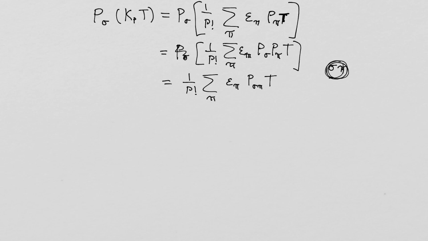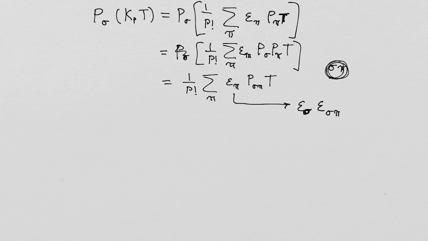But the other part that's important is that this thing I'm going to rewrite now as epsilon, as the sign of the sigma permutation multiplied by the sign of the sigma pi permutation. And you notice that'll always equal the sign of the pi permutation, because the sigma permutations are the same, so they'll multiply out to 1.